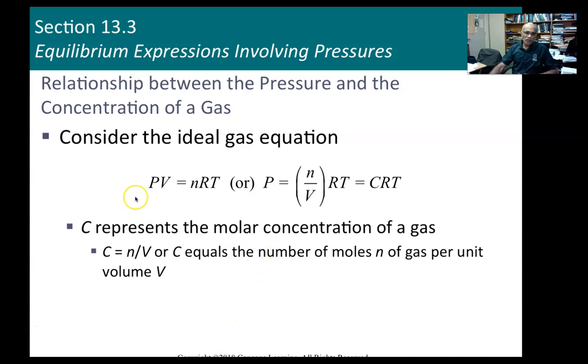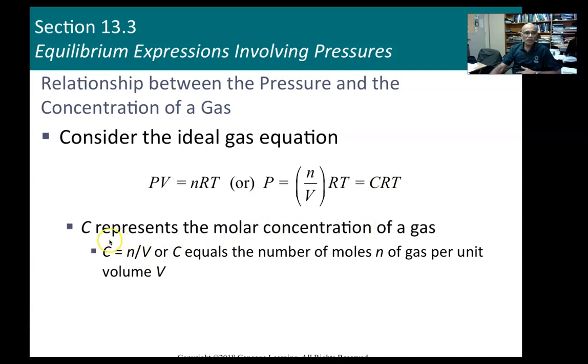So let's bring in some of the background knowledge of gases we have. We know the ideal gas equation, PV is equal to nRT. And if we rearrange this equation, pressure will be n over V. And notice that n over V, this is moles over volume, is concentration. So that's the concentration term.